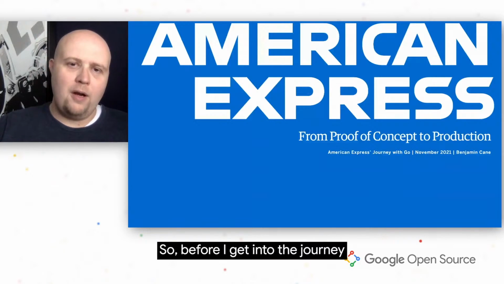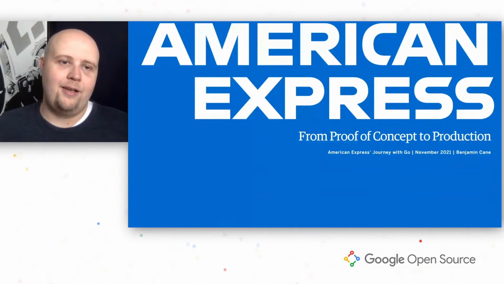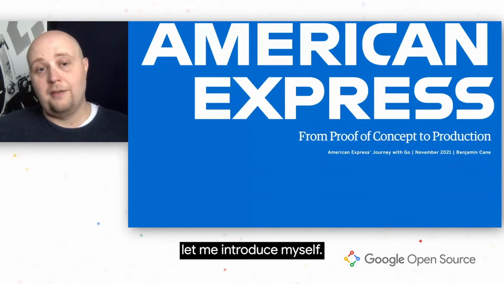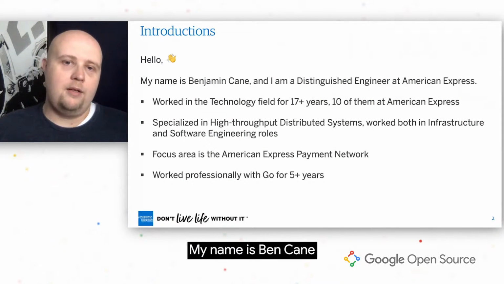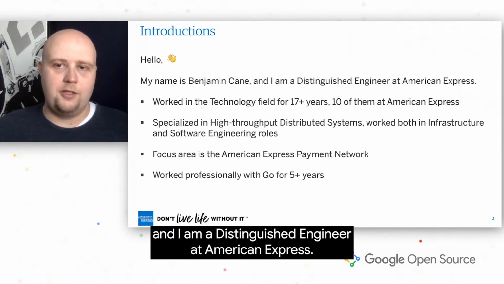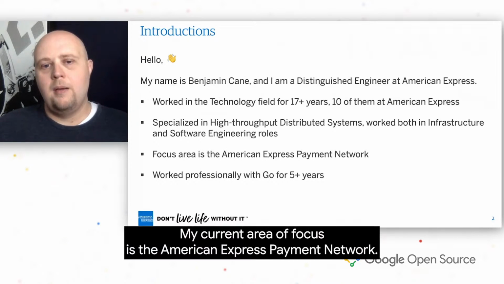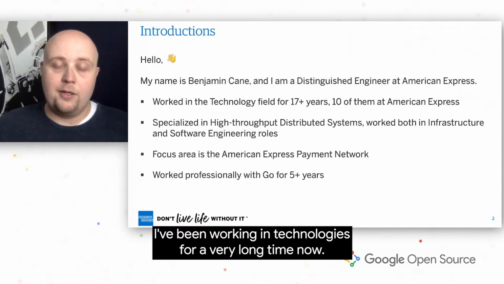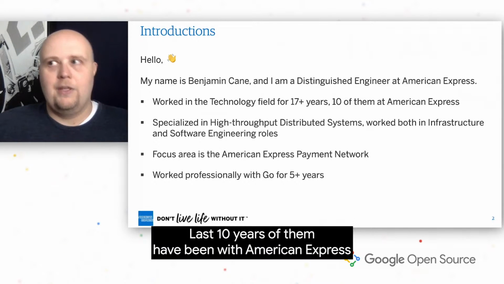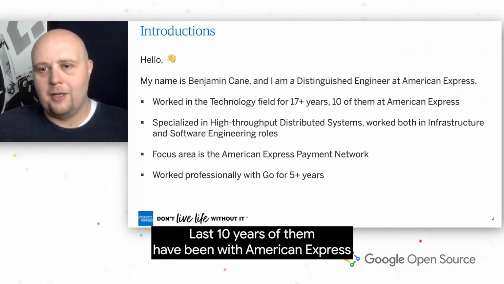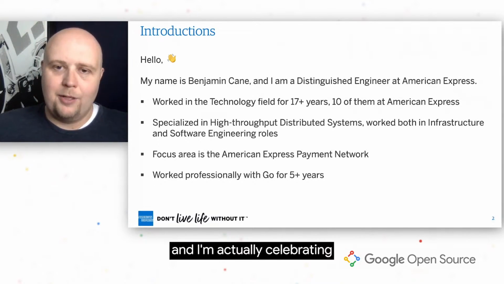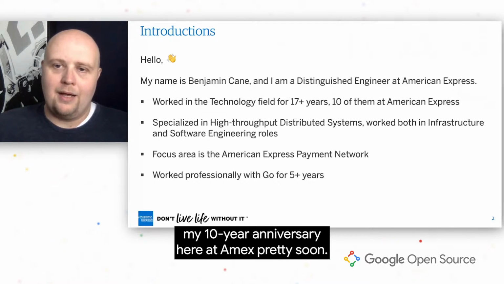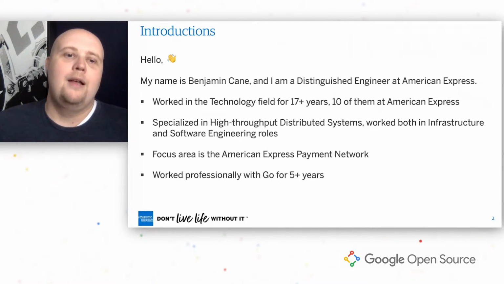So before I get into the journey, let me introduce myself. My name is Ben Kane, and I am a distinguished engineer at American Express. My current area of focus is the American Express payment network. Now, I've been working in technology for a very long time. The last 10 years of them have been at American Express, and I'm actually celebrating my 10-year anniversary here at Amex pretty soon.